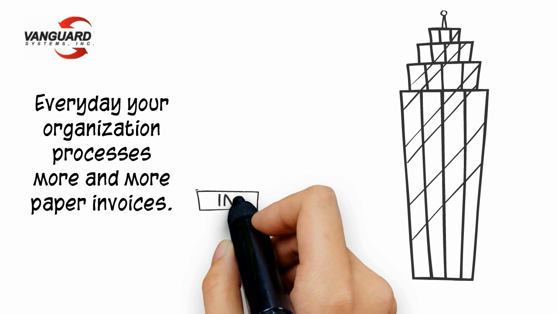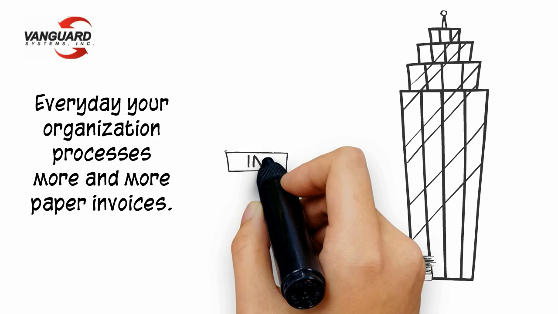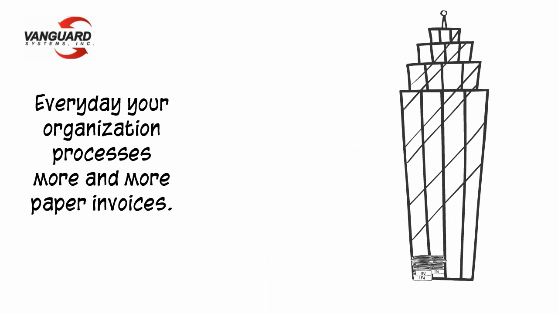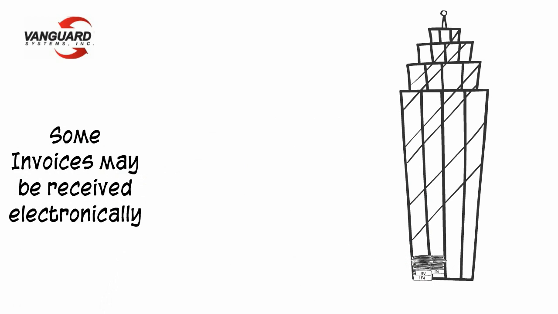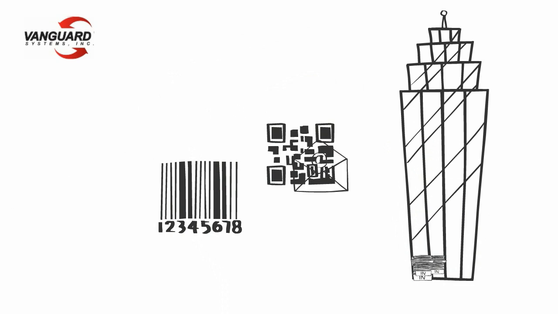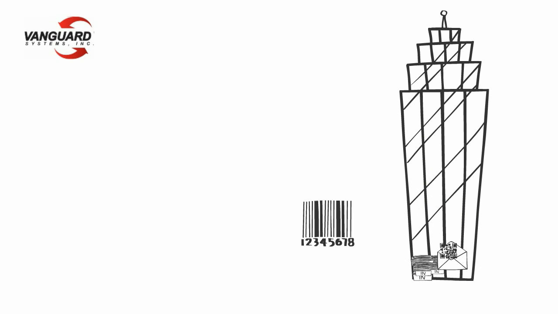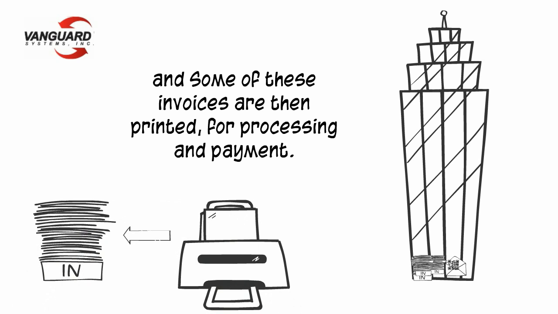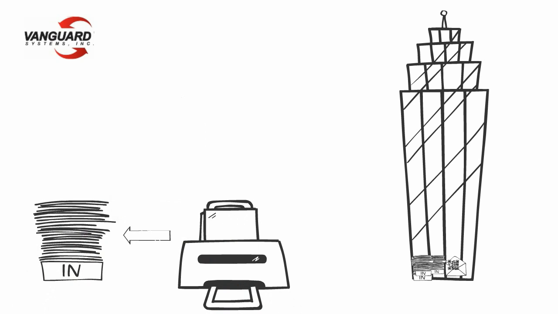Every day, your organization receives paper invoices from your suppliers. Some invoices may be received electronically. And some of these invoices are then printed for processing and payment. An invoice may require approval by an employee at the job site.